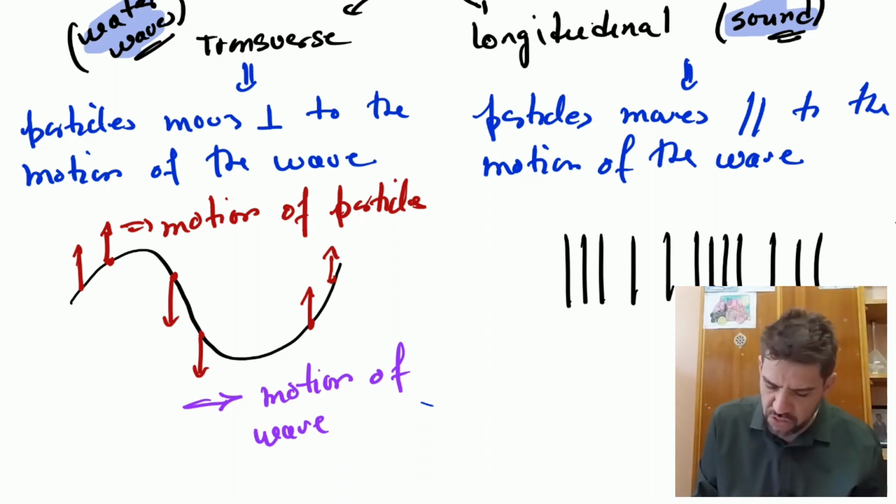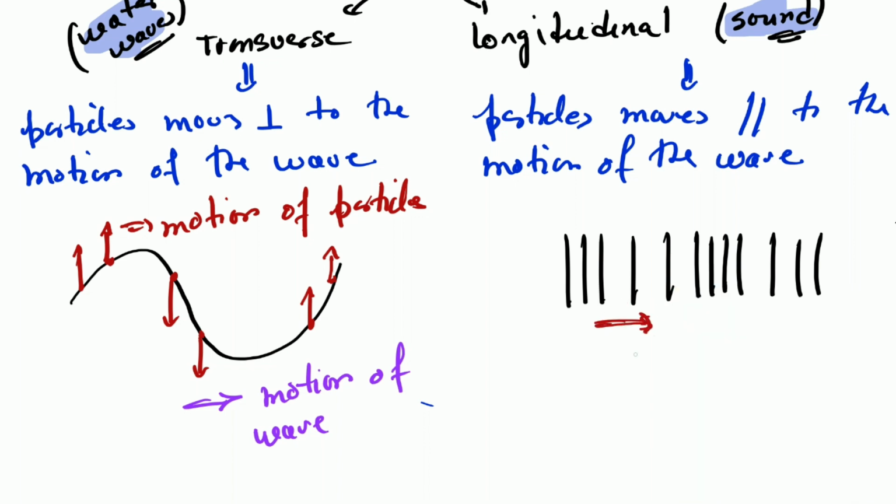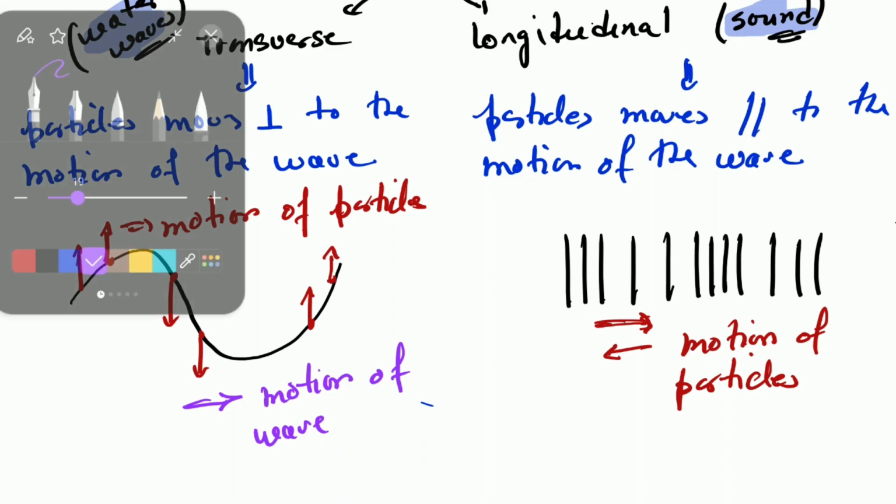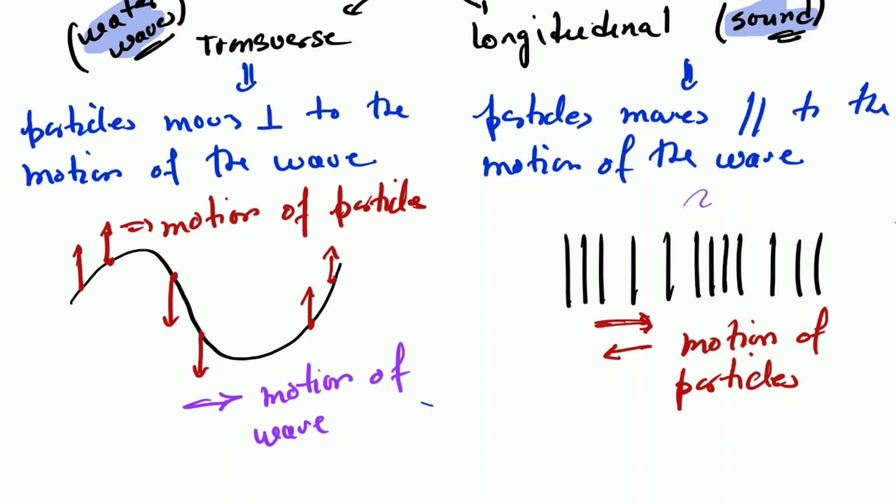This is sound, for instance, and the particles are going to move front and back. This is the motion of particles. But the wave is also going to move in that direction. So the wave, for instance, could be moving to the right. That represents the motion of the wave.